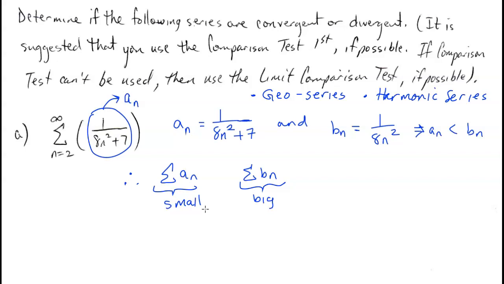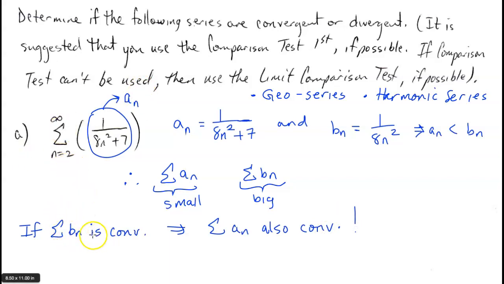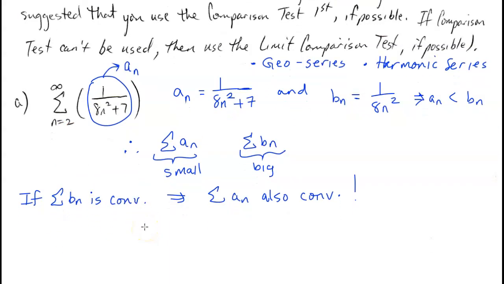Since b sub n is the bigger series, according to the comparison test for series, if this bigger series is convergent, then that implies that the smaller series is also convergent. So what we need to do is hopefully show that our bigger series actually converges.